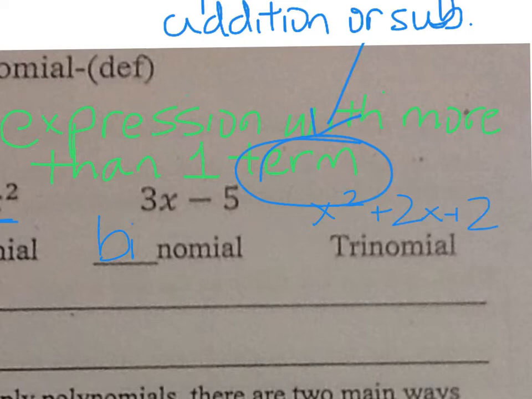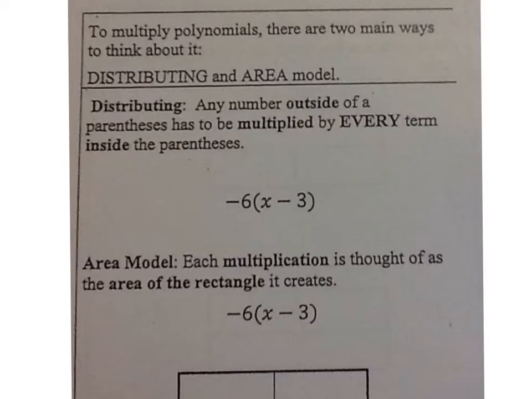So, to multiply polynomials, there's two main ways to think about it. And some of you already think about it in terms of the distribution model. Distribution just says if we've got a number outside of the parentheses, when they're smashed together like this, that means we multiply. But there's two terms inside. One term, two terms. So there's going to be two multiplication problems. Distribution says I've got to multiply negative 6 times x and negative 6 times negative 3.